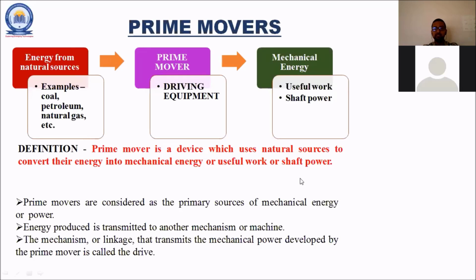As you are seeing in the block diagram or the pictorial representation, the prime mover is taking the energy from the natural sources. Natural sources are the sources which we get from nature. For example, it can be coal, petroleum, natural gas, etc. They all are the natural sources.